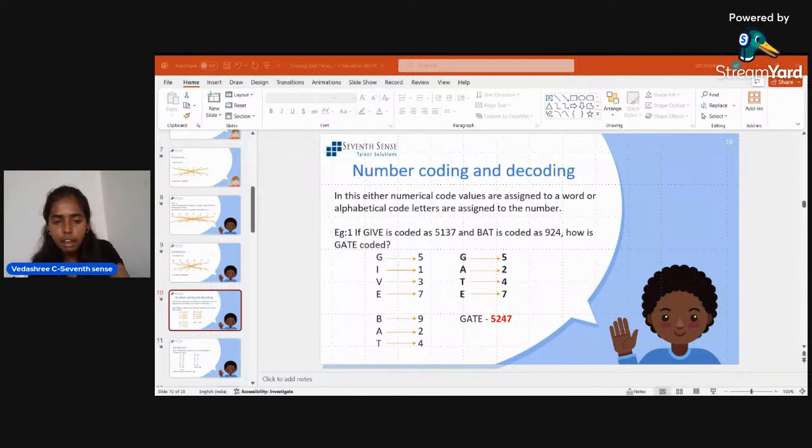Here G has been assigned the number 5, I the number 1, V the number 3, then E the number 7. So each and every letter in a word has been assigned a number, right? Now we need to find the number code for gate.